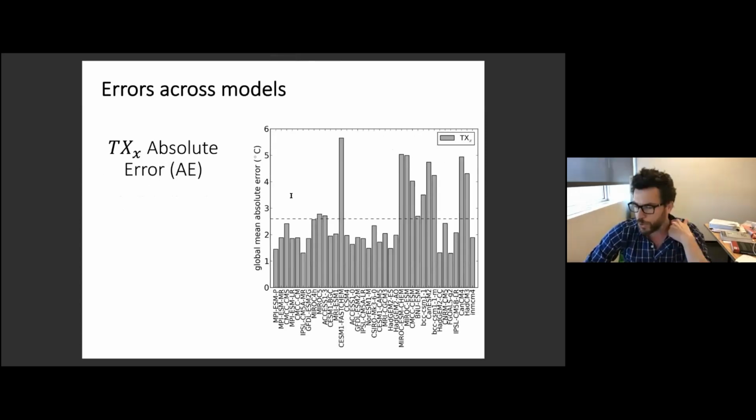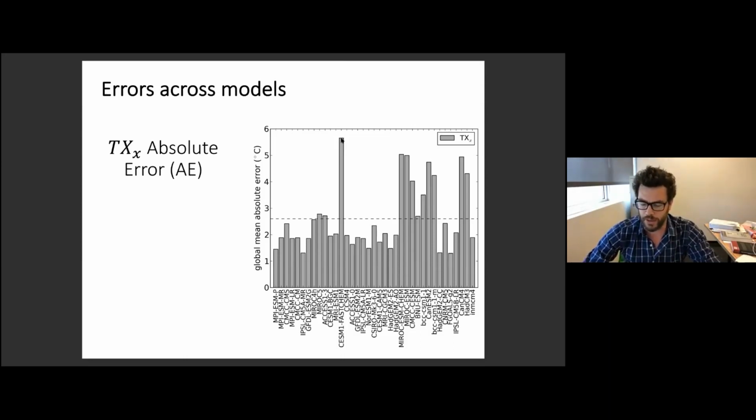What I show you here is, for the 37 CMIP5 models, the absolute error, so the absolute value of the mean bias for each of the models at the global scale. What we see is that errors are on average about 3 degrees, and they vary between nearly 1 and up to almost 6 degrees.